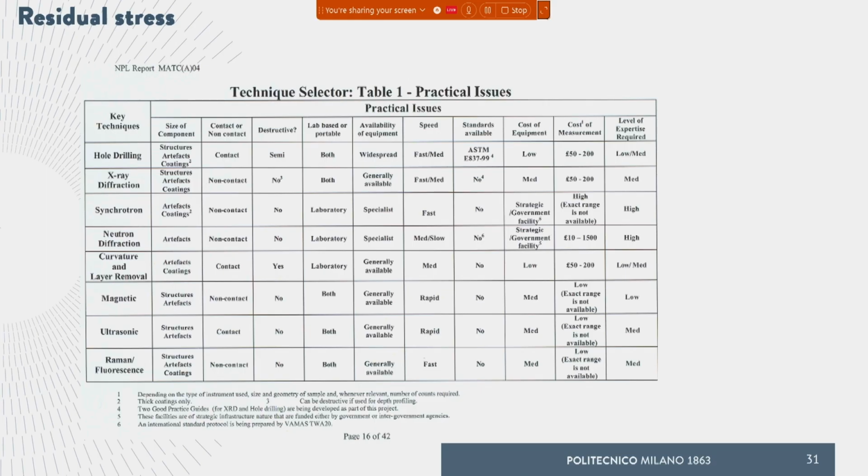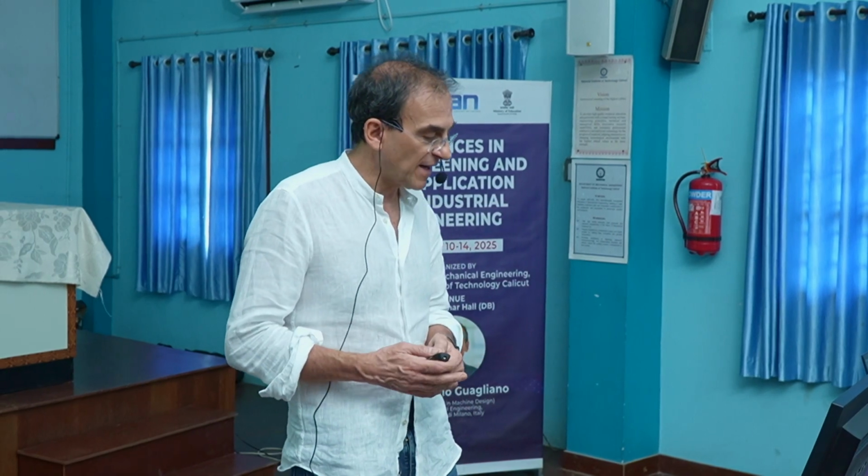And we did not talk about the ultrasonic method, but this is an object of research, measuring changes in the propagation speed of ultrasound in metals. Also in this case, we need a fine calibration because this quantity is a function of other variables.